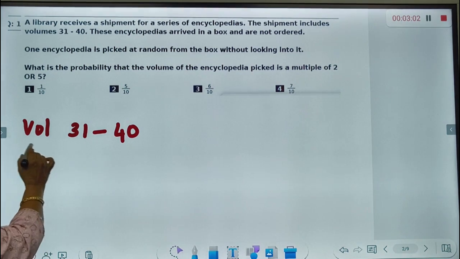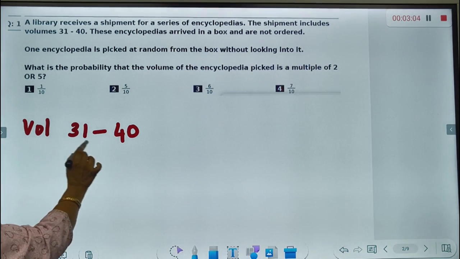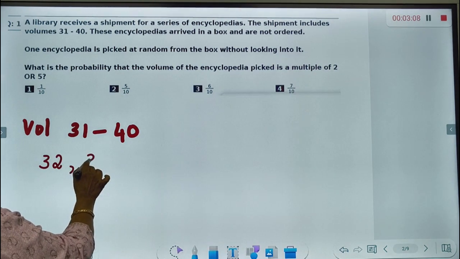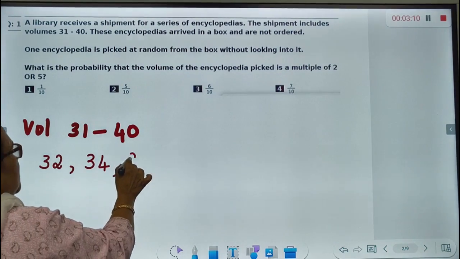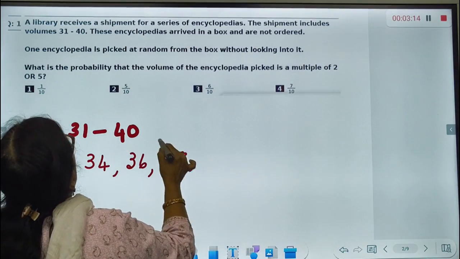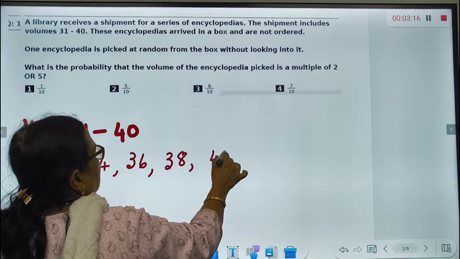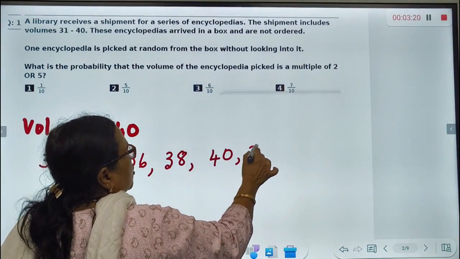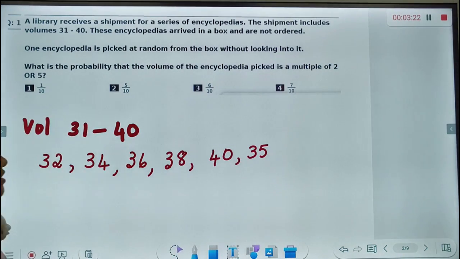Okay. So these are the volume numbers. If it's a multiple of 2 or 5, let me first write from 31 to 40. These are multiples of 2. Multiple of 5 also I should include, which is 35. 40 is already included.